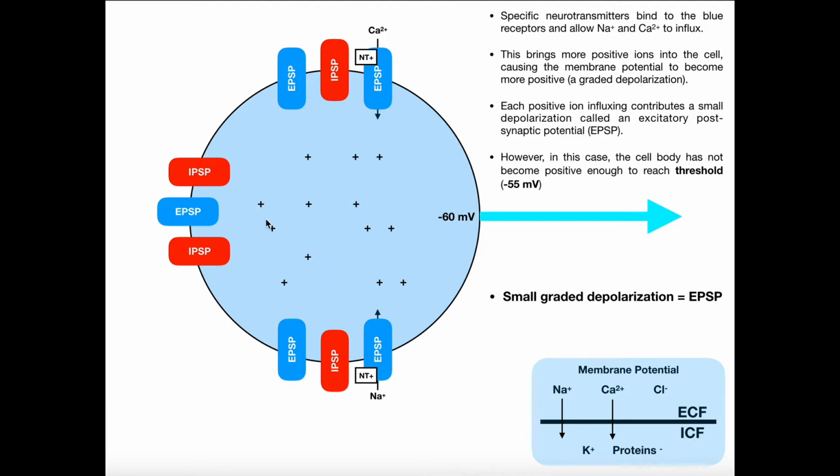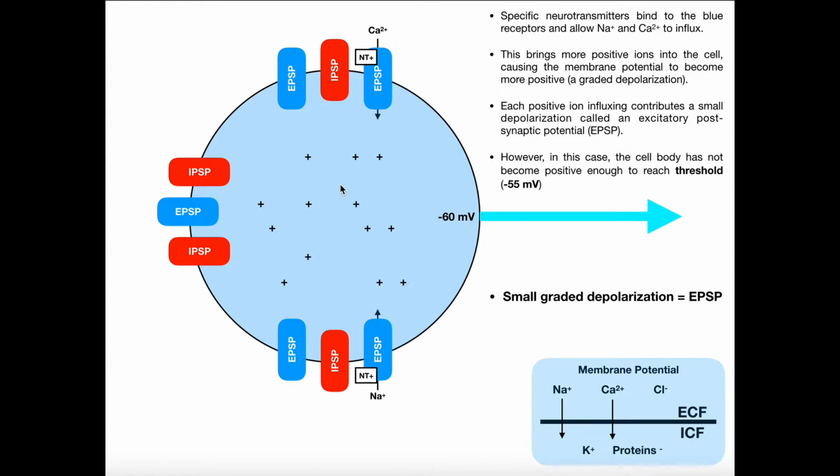And so we start to get a bunch of positive charges that build up inside the cell, and so what we're doing is we're summing together all of these small graded depolarizations, or we're summing together these EPSPs, excitatory postsynaptic potentials. And really these are kind of the same thing. The small graded depolarizations, they are excitatory postsynaptic potentials. Okay? It's just a complicated way of saying we're making the inside of the cell more positive little bits at a time.